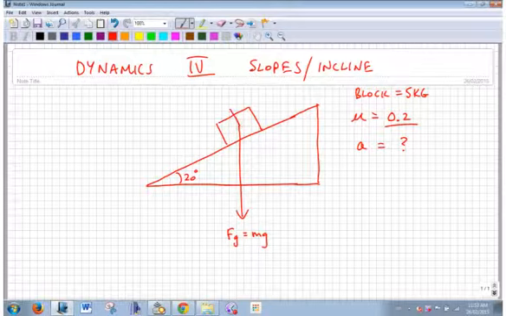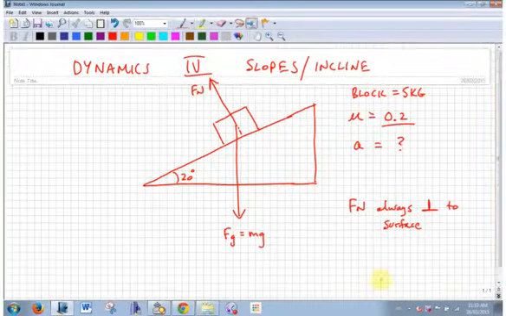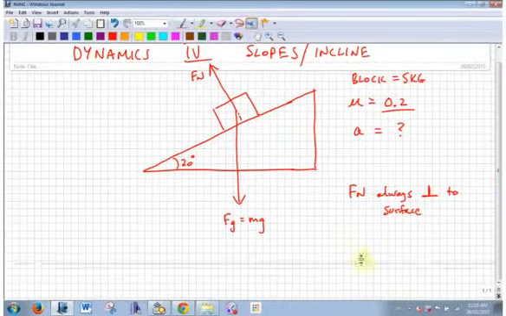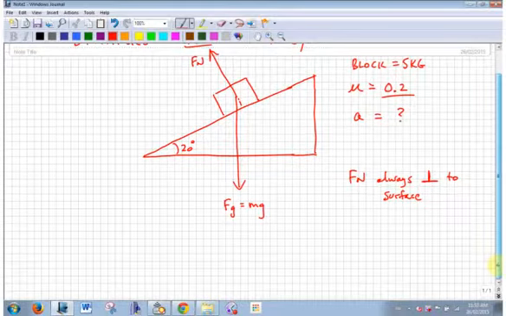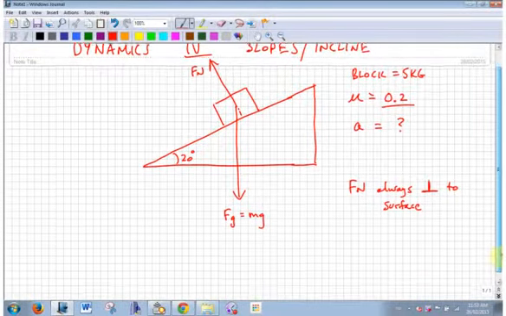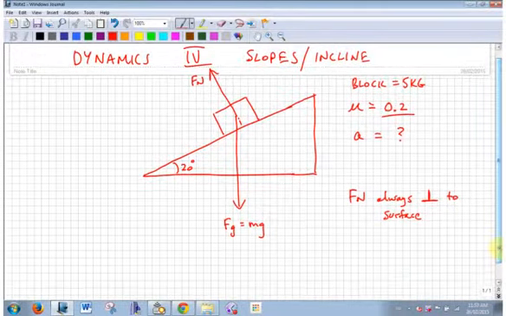The normal force is always perpendicular to the surface. Okay, we're okay for perpendicular, that symbol? Okay, so the question is, what's the acceleration? If there's acceleration at all.